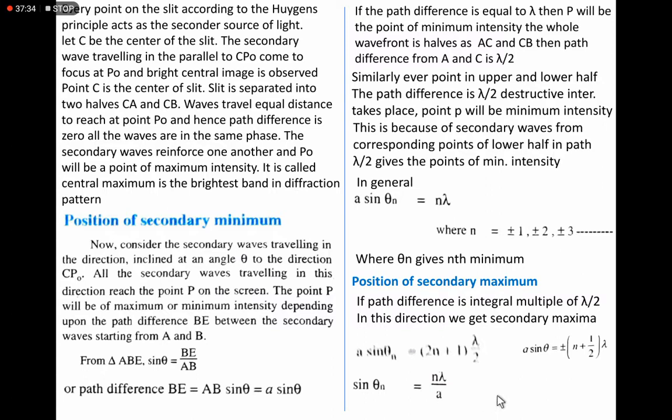N is equal to plus or minus 1, 2, 3, and we get the maxima, where plus or minus 1, 2, 3 means on either side of the central maxima we get secondary maxima and minima with decreasing amplitude. So this is about the diffraction pattern we get after passing through the slit.